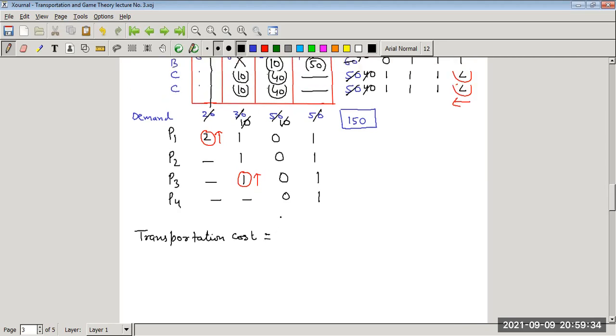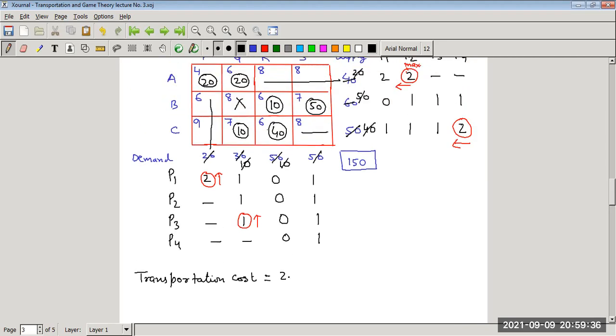Now transportation cost is 20 into 4 plus 20 into 6 plus 10 into 6 plus 7 into 50 plus 10 into 7 plus 40 into 6.